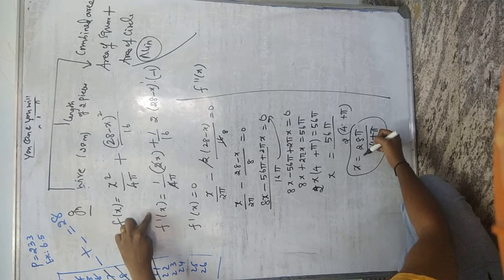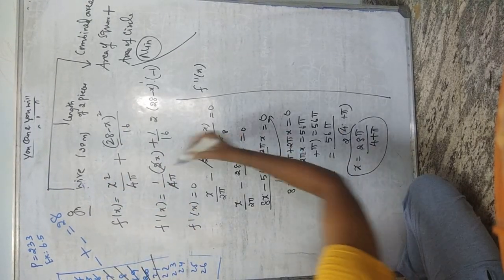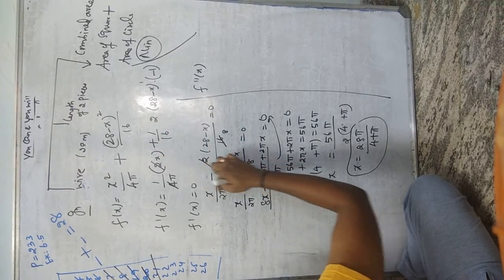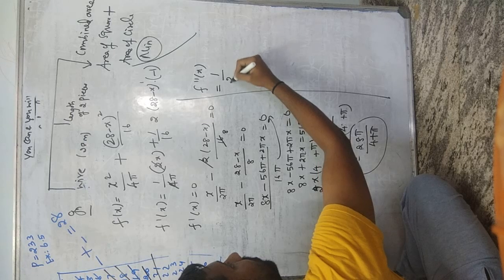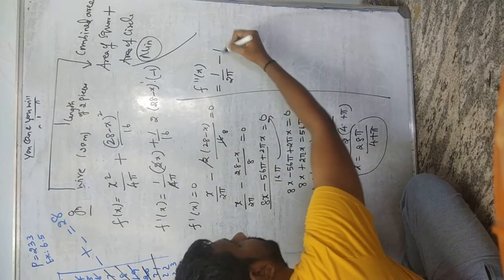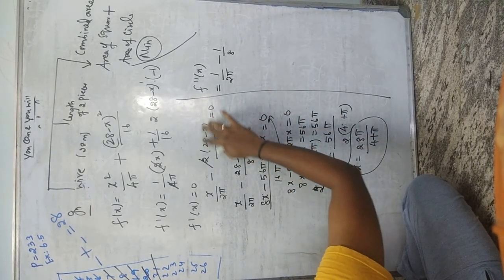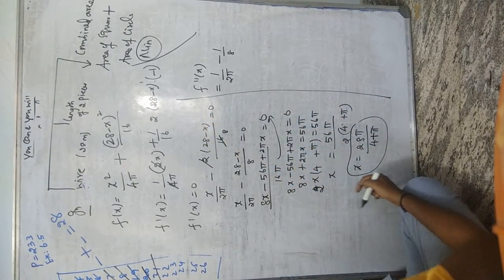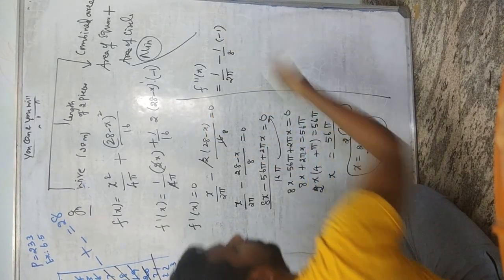So for f double dash of x, you have to differentiate one more time with respect to x. I'm having x by 2 pi, so differentiating with respect to x, it becomes 1 upon 2 pi. Minus 1 by 8 is the constant. Now 28 minus x differentiated: 28 is constant, 0, minus x differentiated gives minus 1.